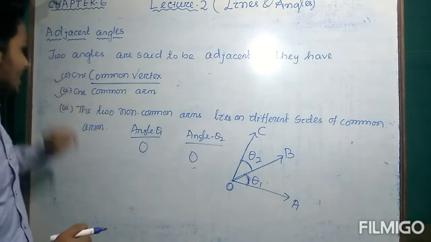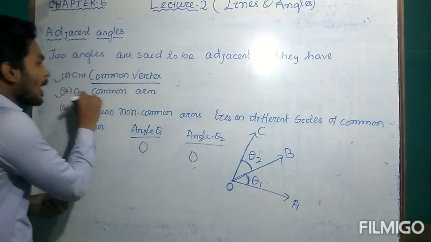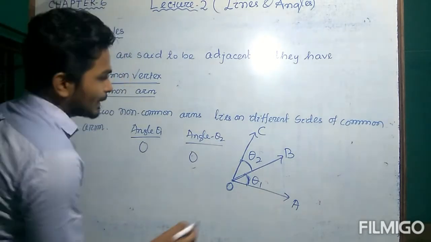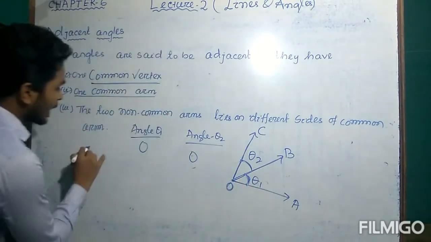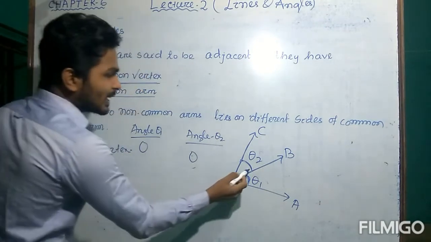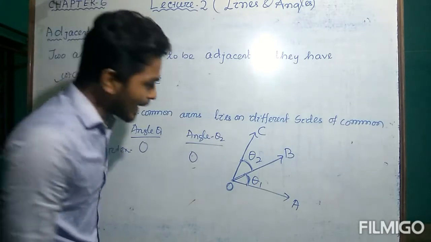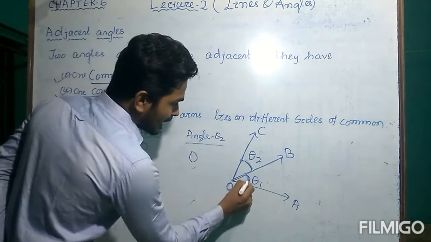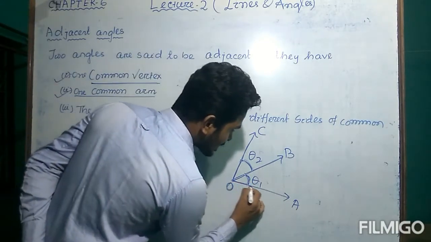Coming to the second condition: they have one common arm. For the angle theta 1, this is the vertex O, and for the angle theta 2, this is also the vertex O. Now let us find the arms of theta 1. It has two arms.